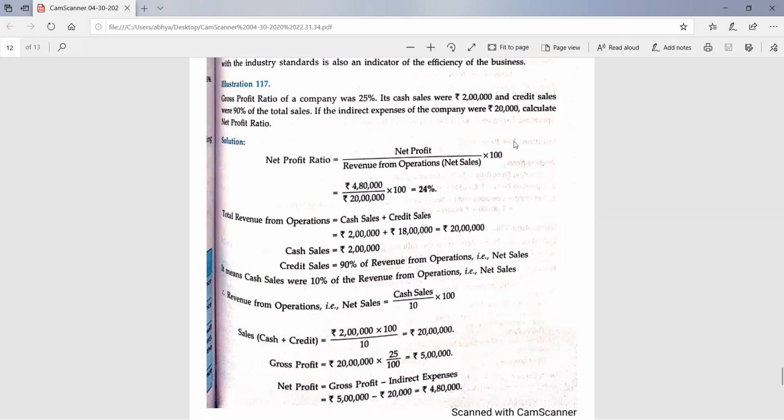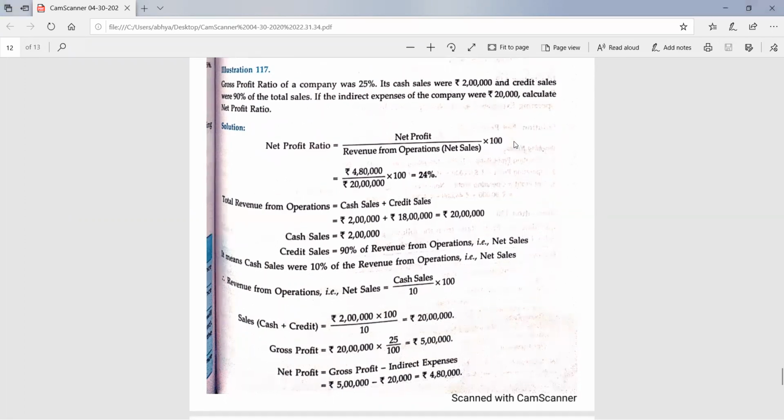Again, by taking X, first of all we will assume sales, total revenue from operations, as cash sales plus credit sales. Cash sales are given as 2 lakh, or 10% of the total sale.